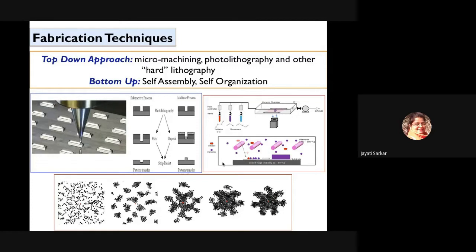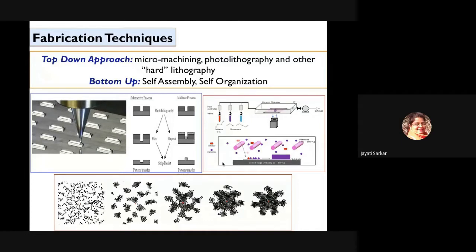Both these techniques, which are very much in use, fail when you try to do patterning on soft surfaces. Why? Because hard lithography works on hard surfaces, right? So it totally fails on polymeric surfaces, and this self-assembly route is a very time-consuming route.